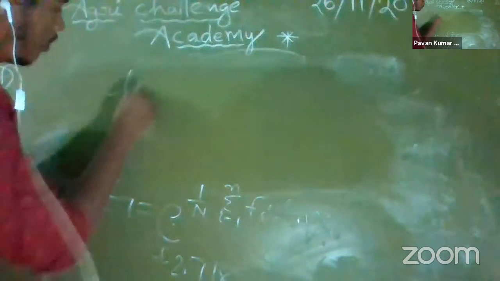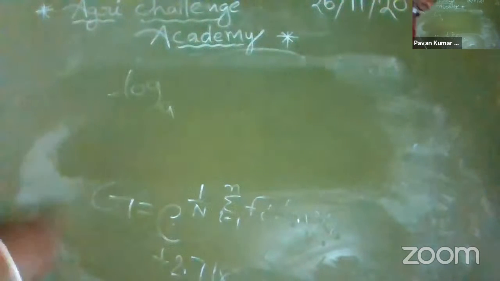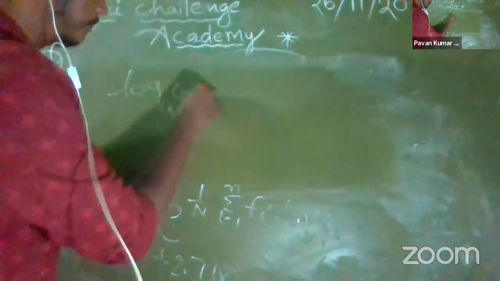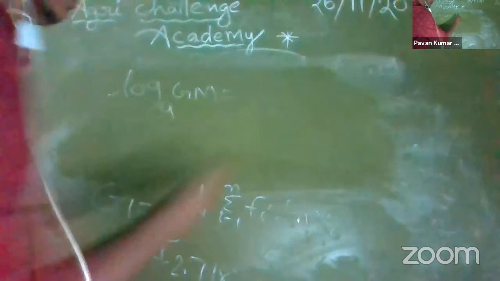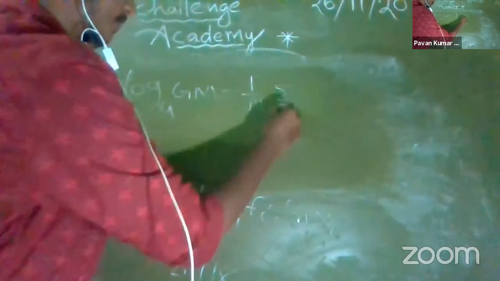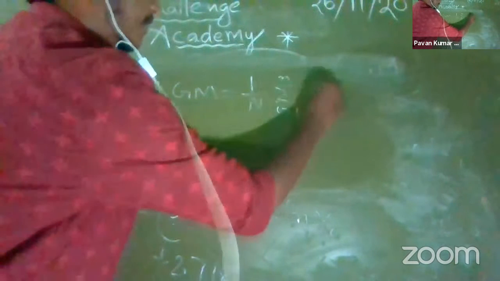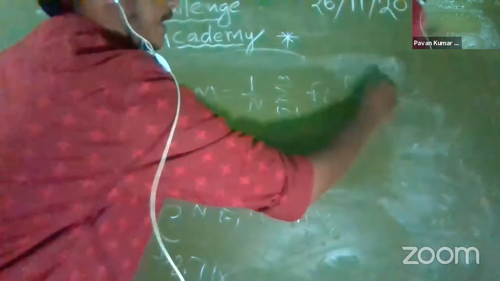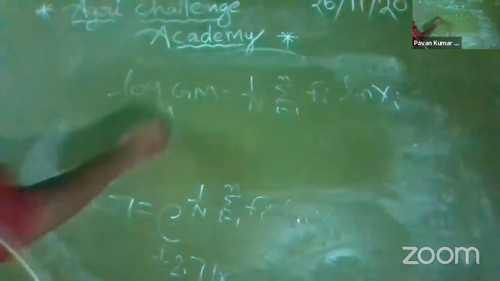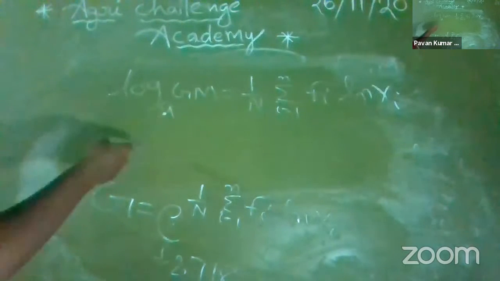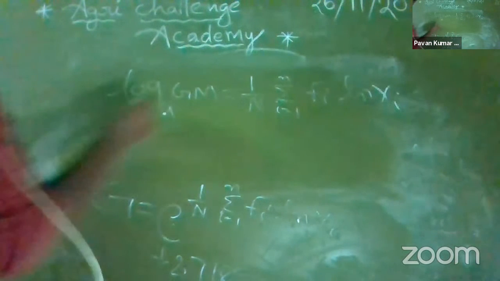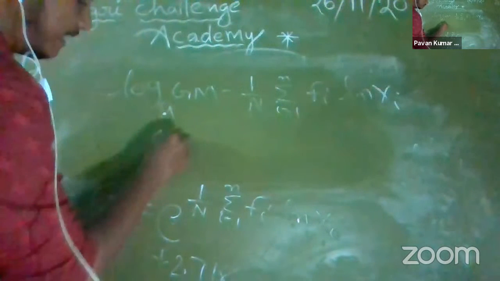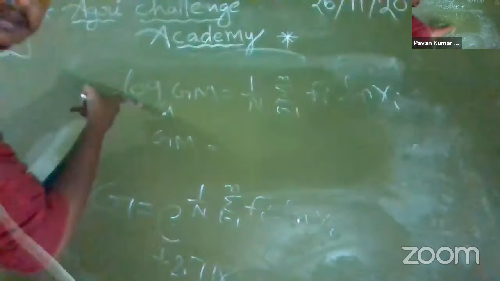Suppose you are interested in taking another base, suppose log of any base a, of gm equals 1 by n summation, i equals 1 to small n, fi ln xi. This is any base other than the natural logarithm. Now if you want to find the geometric mean, you need to send this log to this side.